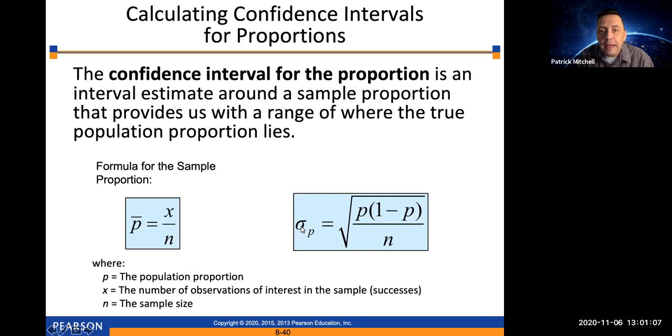And then this is called the standard error of the proportion. That's the square root of p times 1 minus p divided by n.